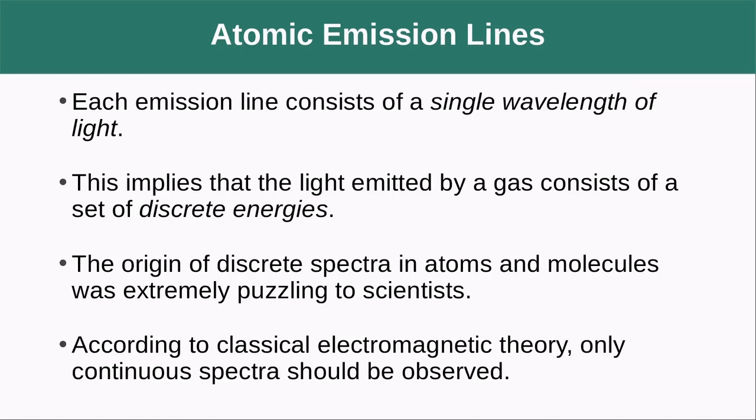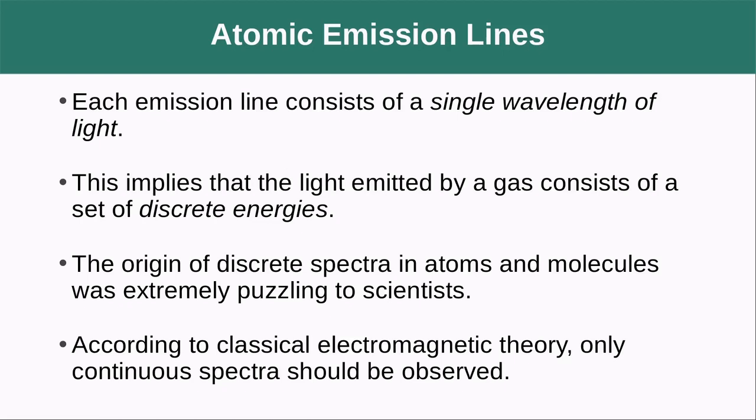Each emission line consists of a single wavelength of light. This implies that the light emitted by a gas consists of a set of discrete energies. That's that quantization again. The origin of discrete spectra in atoms and molecules was extremely puzzling. Where is this coming from, right?